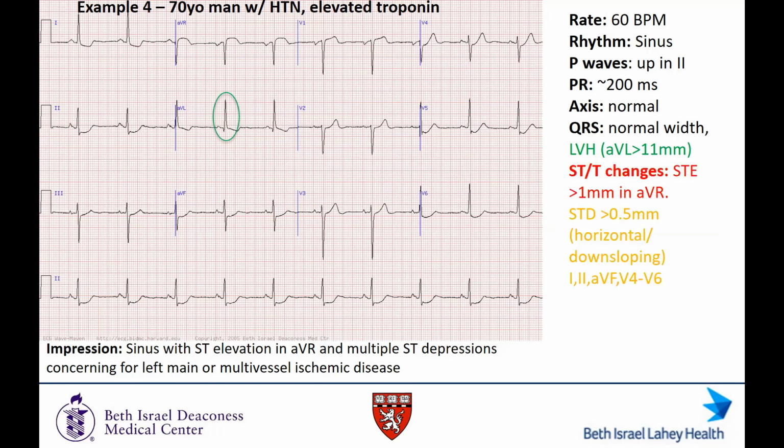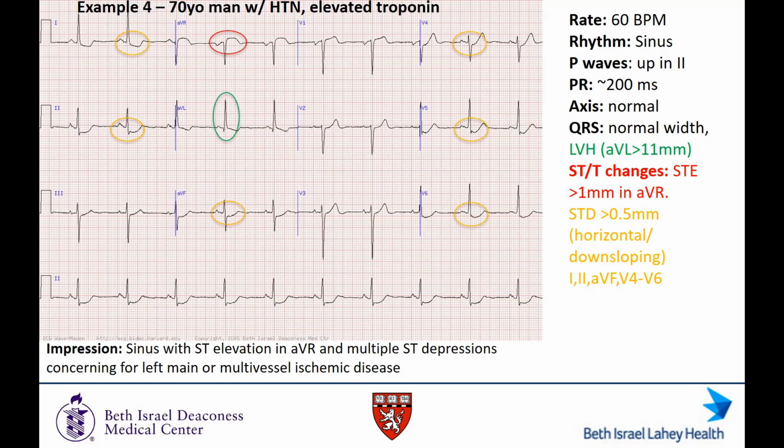As far as ST changes go, this one may have been a little bit trickier, but I wanted to point out AVR here has more of a frowny face or convex ST elevation. And we see a lot of ST depressions in 1 and the precordial leads. We see a couple in the inferior leads, and 2 and AVF that are horizontal.